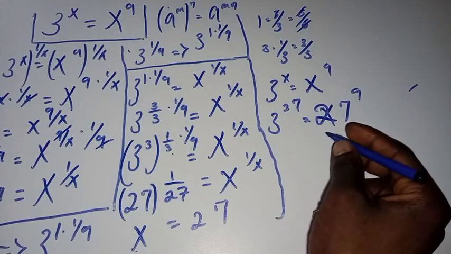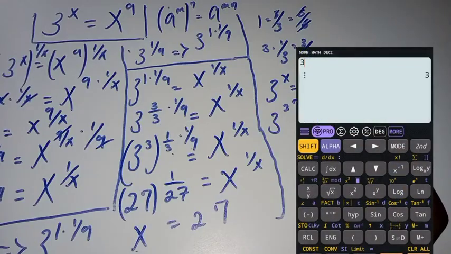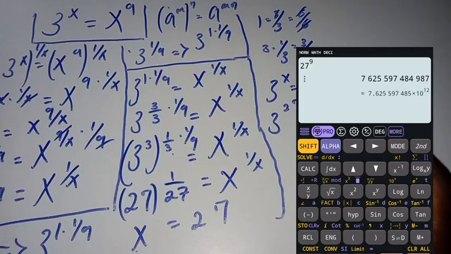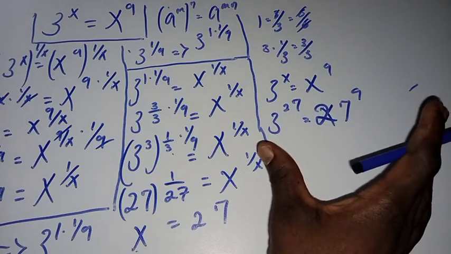Okay, so let's check our calculator. If you check your calculator, 3 to the power 27 will give you this. And then let's check 27 to the power 9, it will give you this. So you can see it verifies the expression.